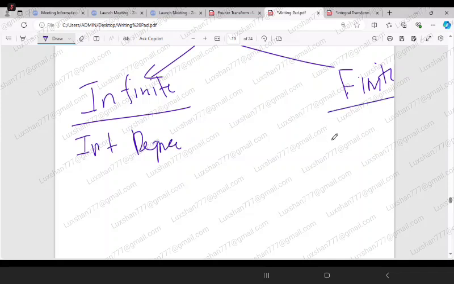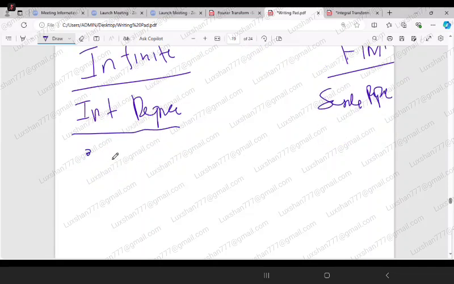Here we have the series representation. Under the integral representation, we had three types of integral representation. One is the complete one. The other one is the sine integral representation.